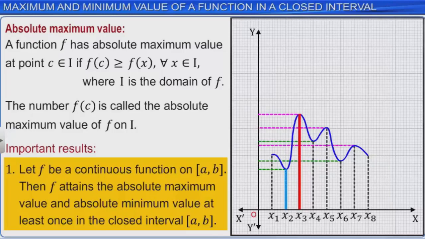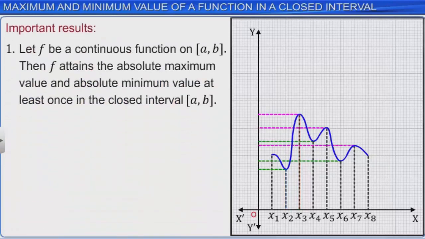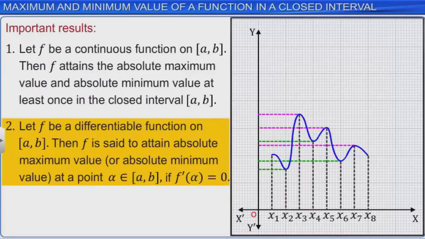Let f be a differentiable function on a closed interval. Function f is said to attain absolute maximum value or absolute minimum value at a point alpha in that closed interval if the derivative of f at alpha is equal to 0.